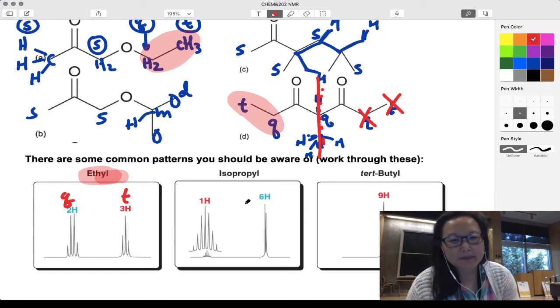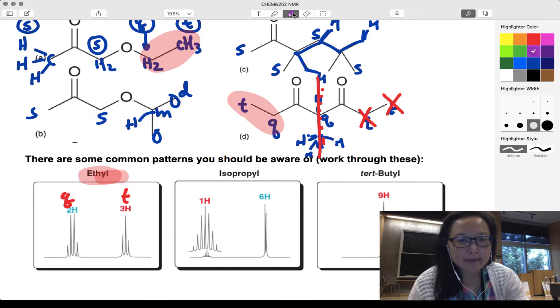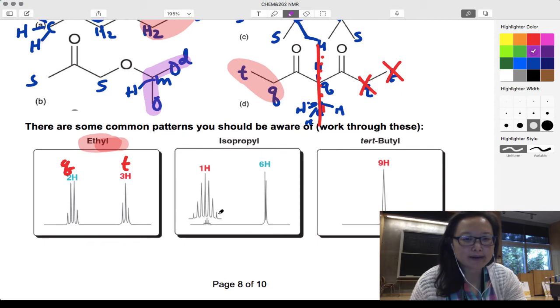Isopropyl, I think you guys can see that pattern here. Here's an isopropyl group. So we see a doublet from the methyl groups because they're split by the 1 hydrogen here. And then you see the multiplet because it's split by all the methyl group hydrogens. So here's that multiplet here, and that's usually the one that's attached to something, so that's more downfield usually.